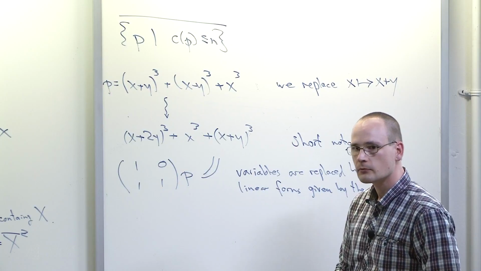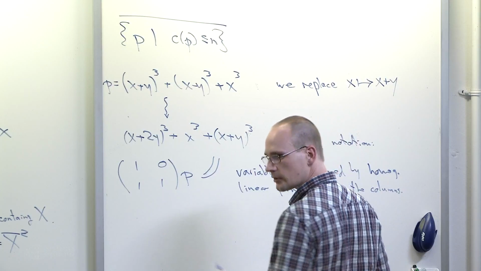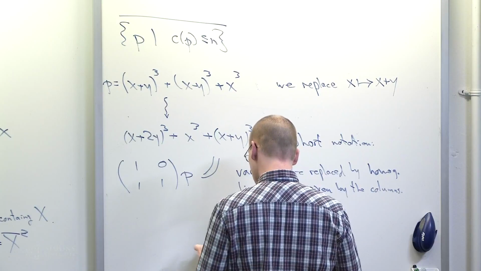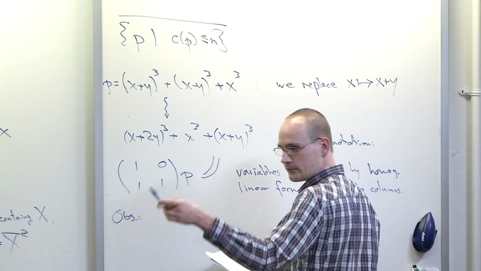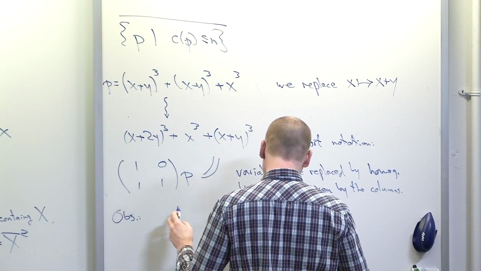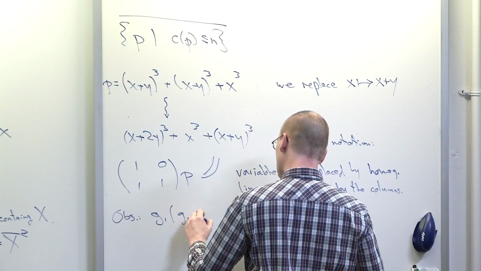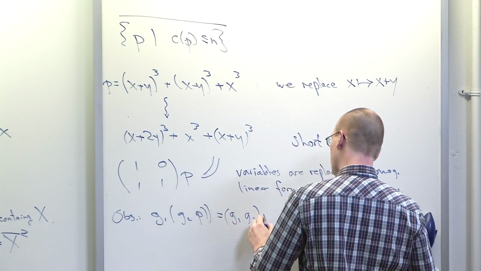Yes, you can think of it like this. This is very true. So you observe then, and this is now obvious from your viewpoint, that if you have a G1 and a G2 and you apply them, then it's the same as G1 G2 applied to P. Right?